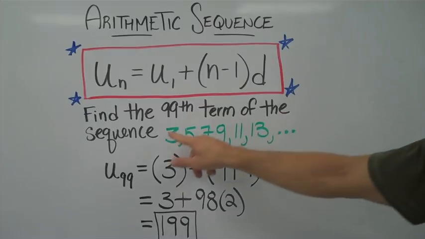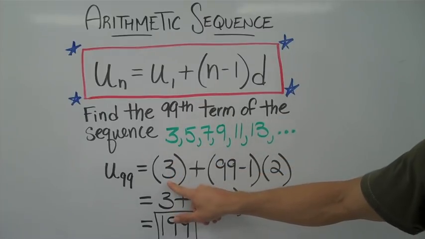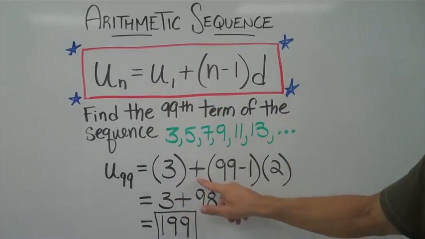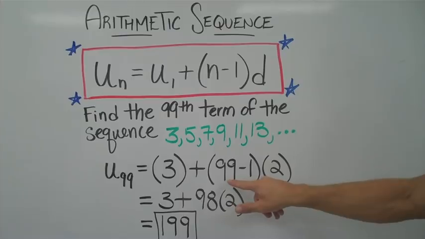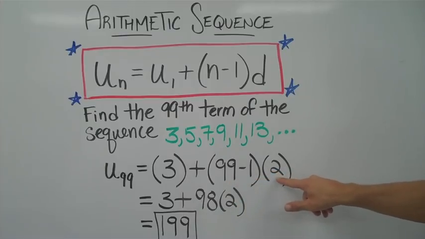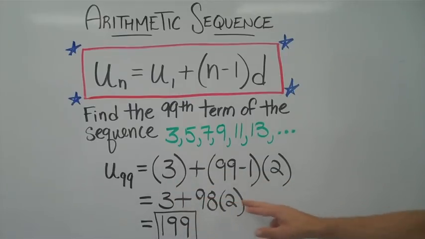Well, we take the first in the sequence, that's U1, plus 99 minus 1, because we're asked to find U99, 99 minus 1 times 2, which is the common difference. When you do that, you get 3 plus 98 times 2, which is 199.